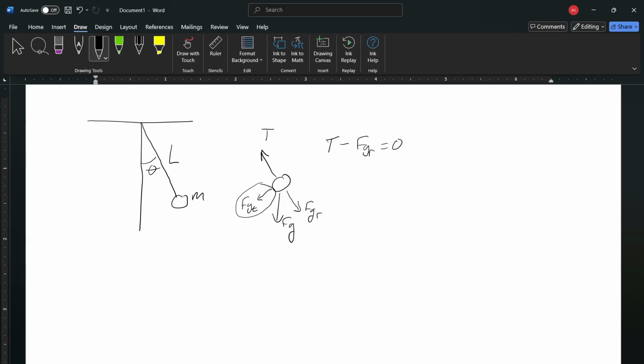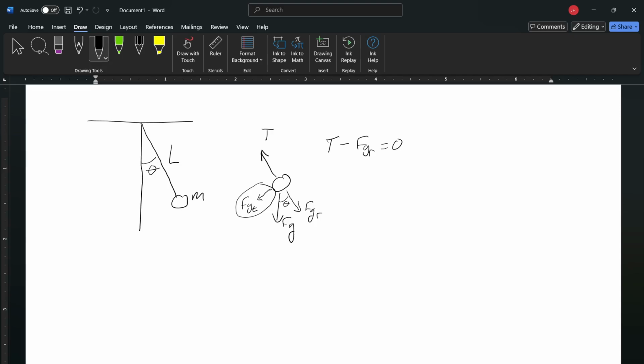Okay, so if we take a look at that, in terms of the angle theta, it's not too hard to show that this is the same angle theta. Okay, the string makes that angle theta from the downward direction, and F_G is downward, and F_GR is radially outward, same direction as the string.